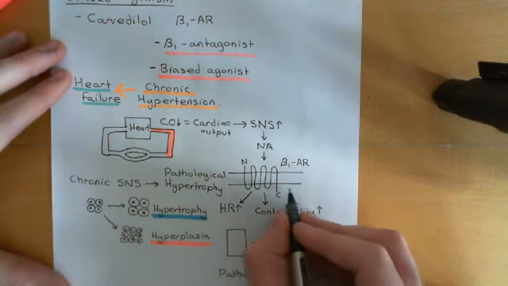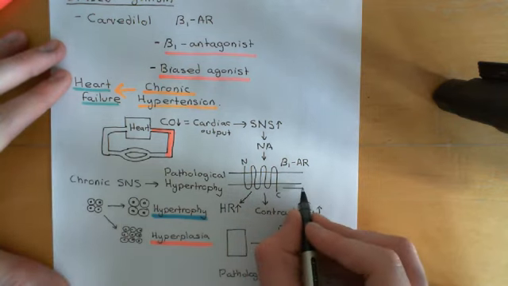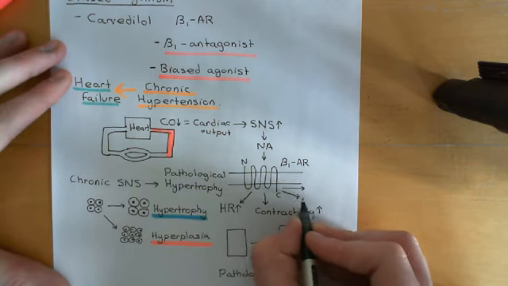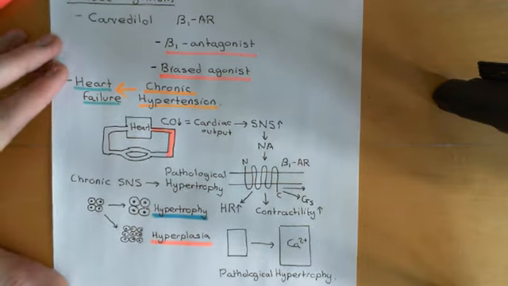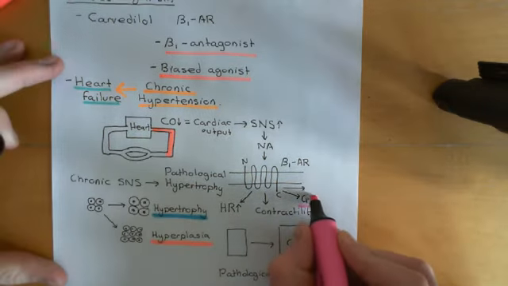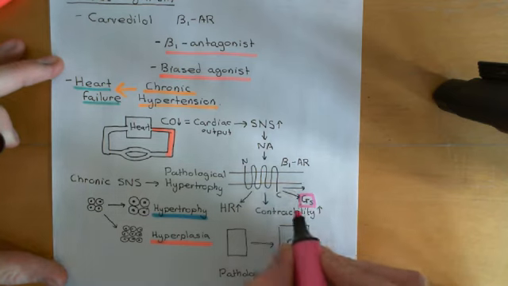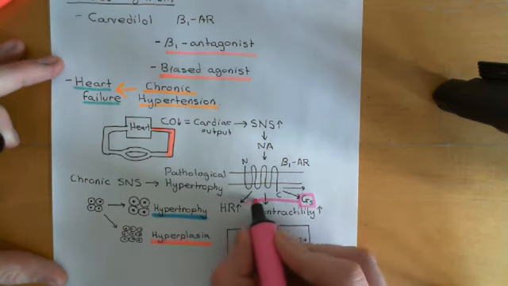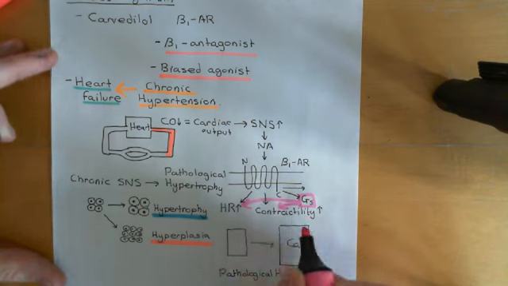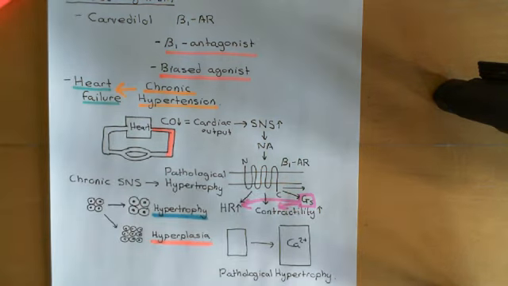So basically, the beta-1 adrenergic receptor has two options for how it signals. One, it can signal through heterotrimeric G proteins, and the heterotrimeric G proteins it specifically activates are GS heterotrimeric G proteins, and it's the activation of the GS heterotrimeric G proteins which increases cyclic AMP and activates protein kinase A that causes the heart rate to go up and the contractility to go up.